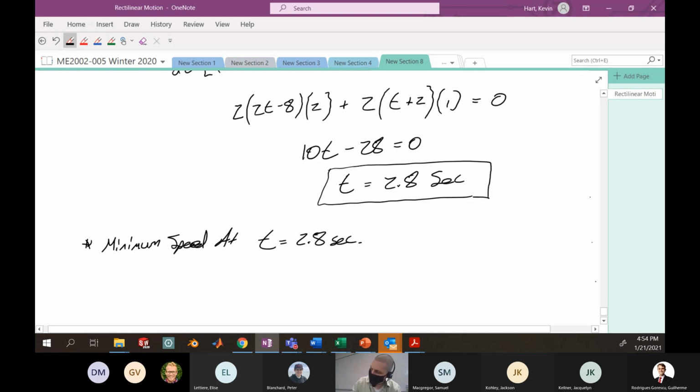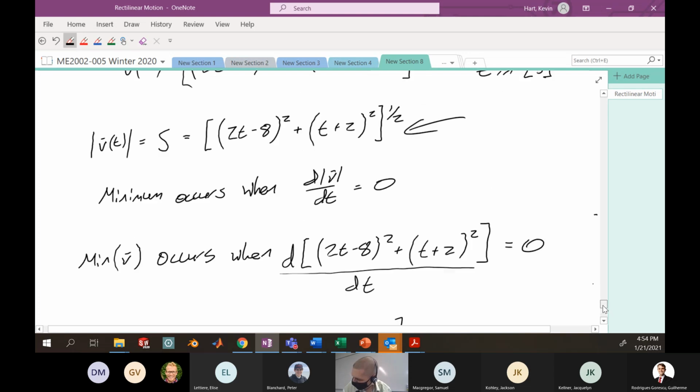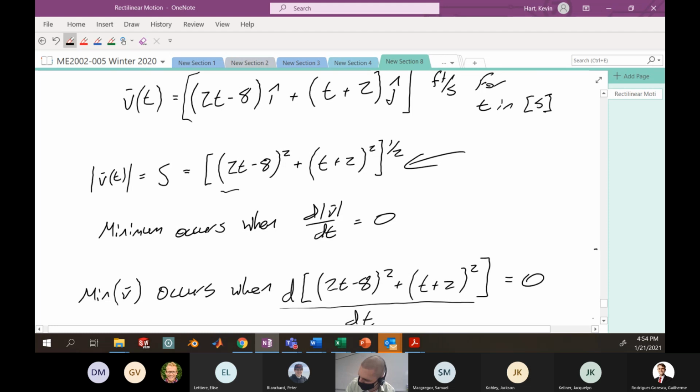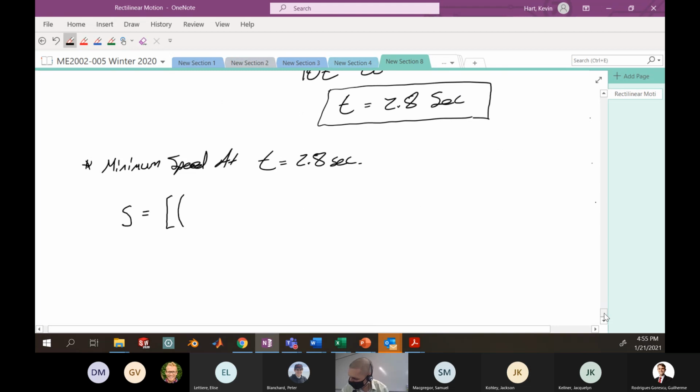Okay. And our speed, we know from our equation before, I'll just plug in the values here. So here we would have 2t minus 8 squared plus t plus 2 squared to the 1/2.